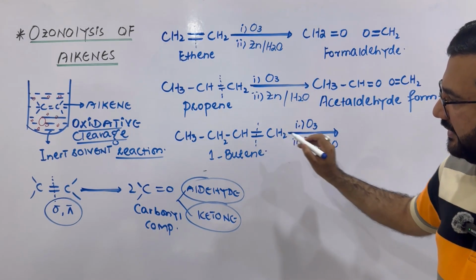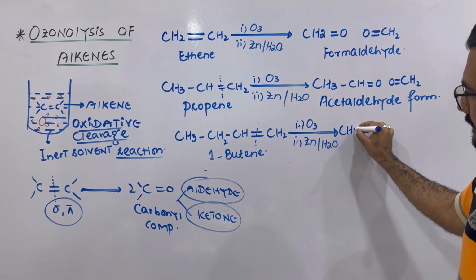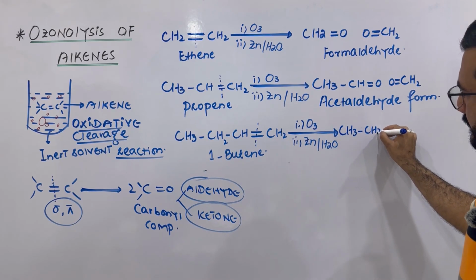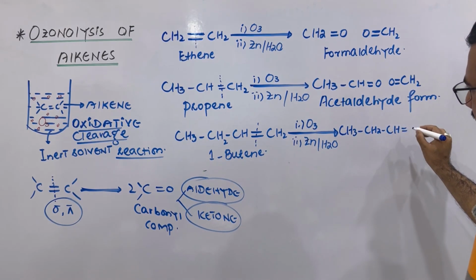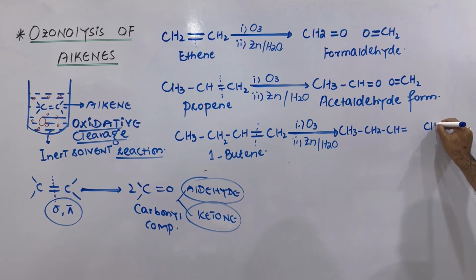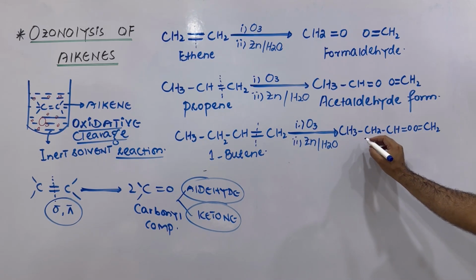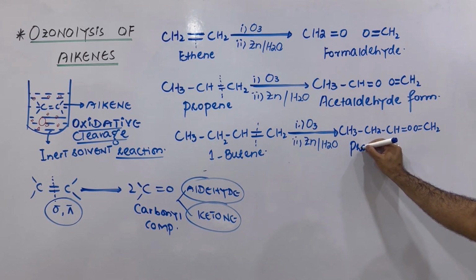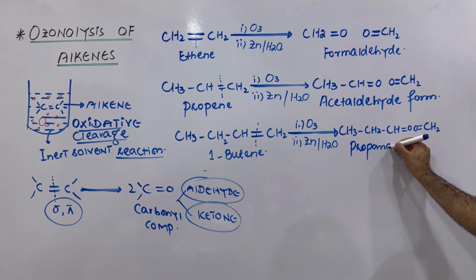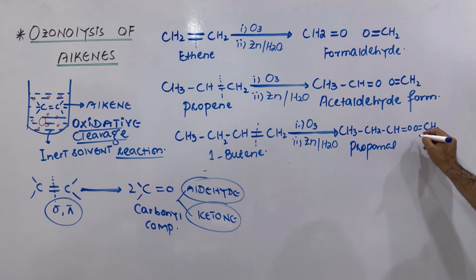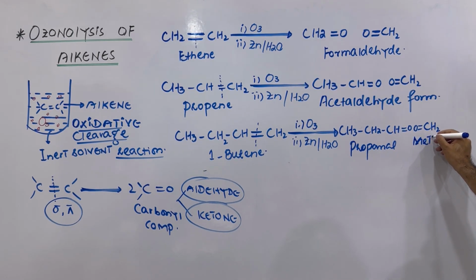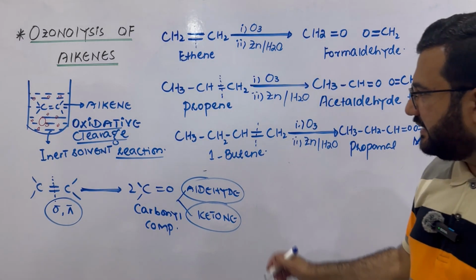So the double bond will get cleaved, and the carbons which were joined by a double bond will get one oxygen atom. Now this one is an aldehyde with three carbon atoms, that is propanal, its IUPAC name, and this one is formaldehyde, or in IUPAC language, it is called methanal.